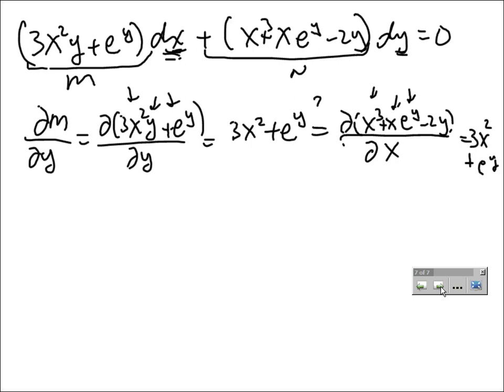That is, it's 3x squared plus e to the y, minus the derivative of 2y, which has no x's in it. So it's going to be minus 0. Oh, yeah. These are equal. So it is exact. Okay. So now that it's exact, we play the game.